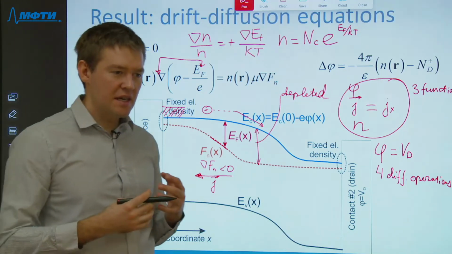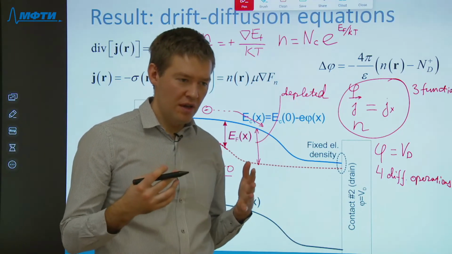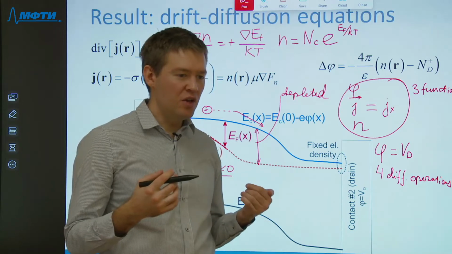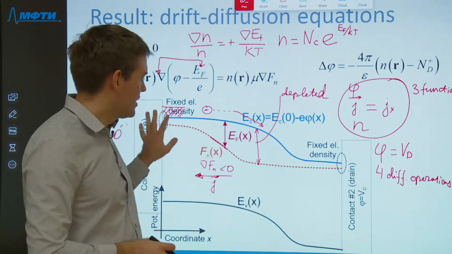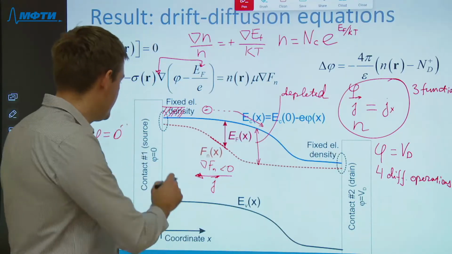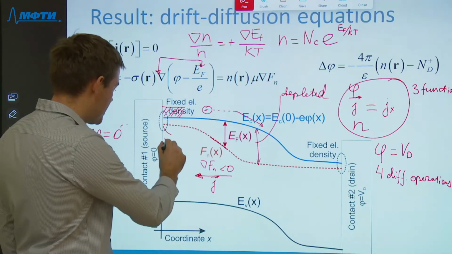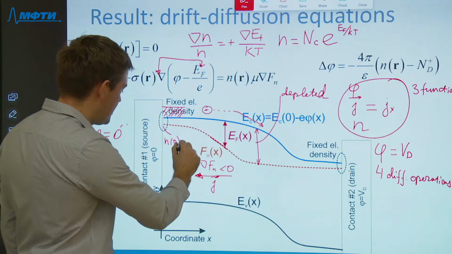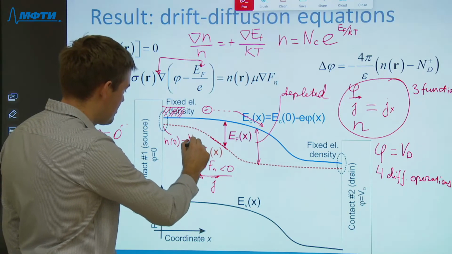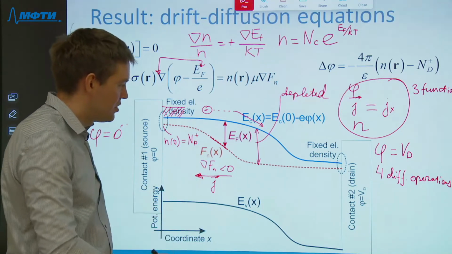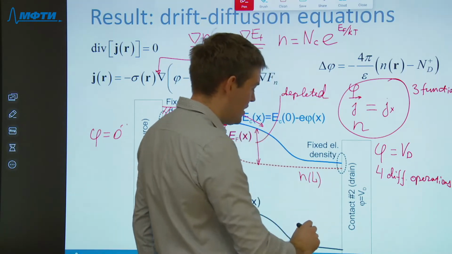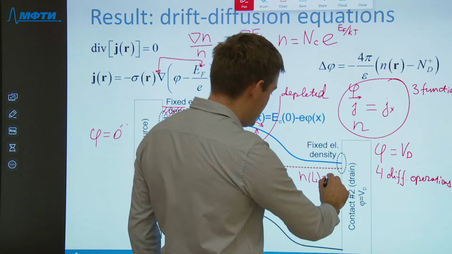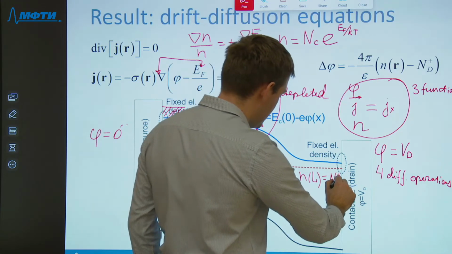The contacts are typically doped so strongly that they remain neutral, and the contacts on the left and on the right typically remain neutral, and the typical boundary condition is that n at coordinate equal to 0 equals the nominal density of donors, and n at x equal to the length of the sample equals the density of donors.